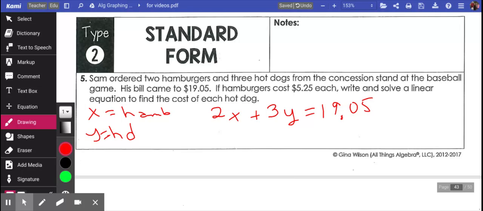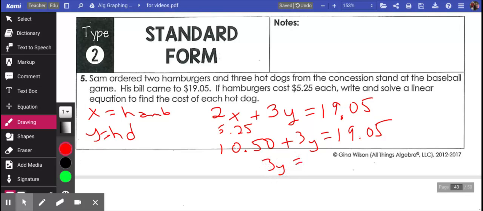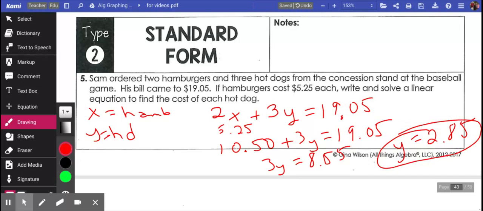So basically you're going to do 2 times $5.25, which is $10.50, plus 3y equals $19.05. And then you're going to minus $10.50 and get $8.55. And then your y equals $2.85. So that's how much each hot dog cost.